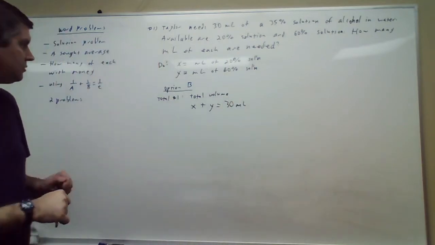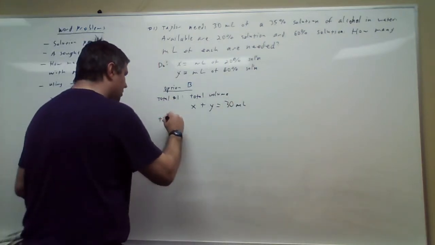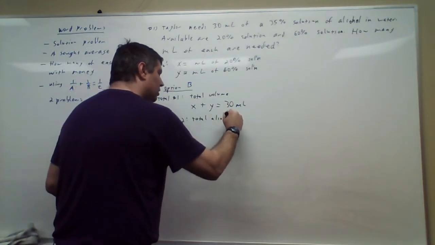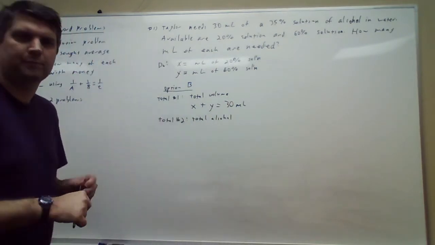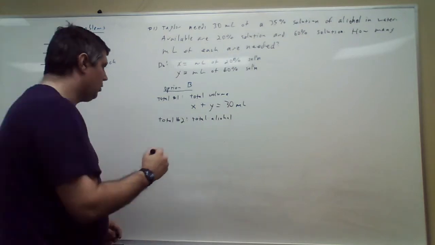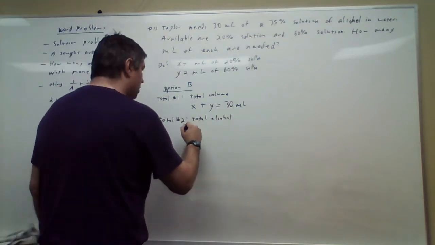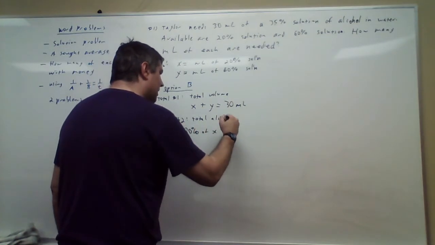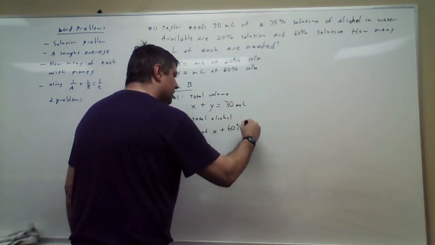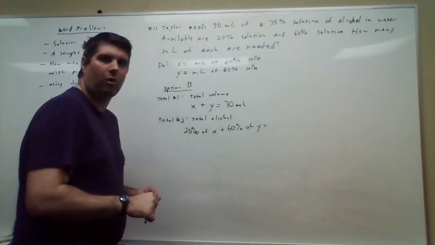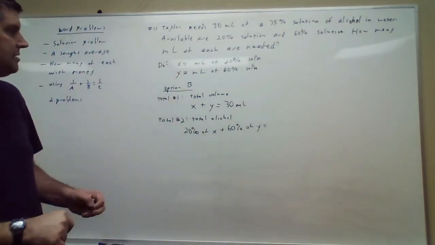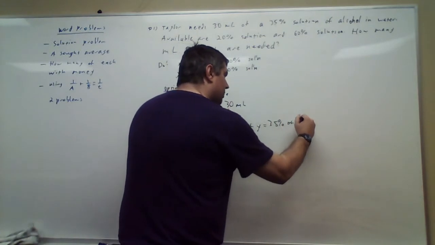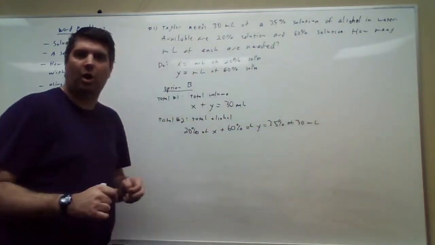Okay? Total number 2, total alcohol. Well, 20% of X plus 60% of Y will be alcohol. Okay? On the opposite side, 35% of 30 milliliters would be alcohol.